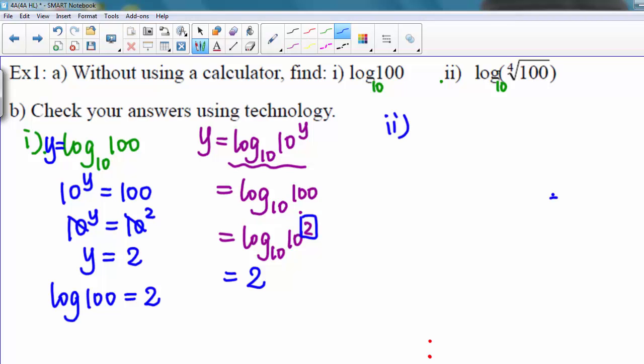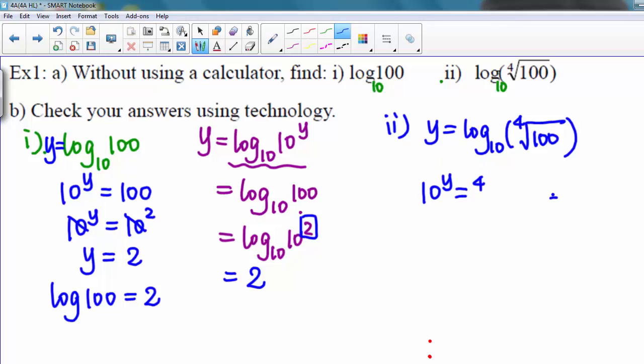I will still let y be the log, and you know this one's base is 10. Here the argument is the fourth root of 100. So what you can do is change this one back to the exponential form. So the logarithm y becomes the exponent with the base 10 equals the argument, which is the fourth root of 100.